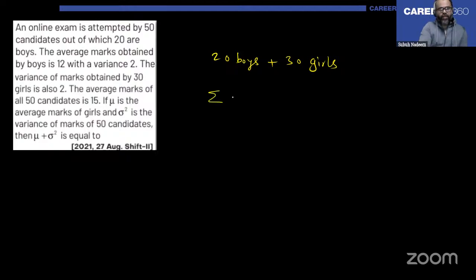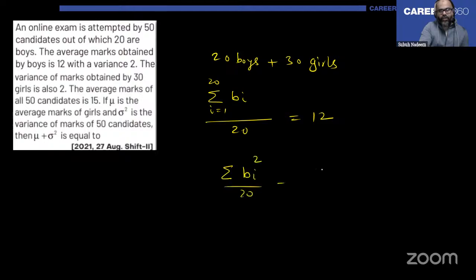So that is sigma of bi, i equal to 1 to 20, the average by 20 is coming out to be 12. Okay. And the variance. So variance is sigma of bi square by 20 minus (sigma of bi by 20) whole square, and this is given as 2.